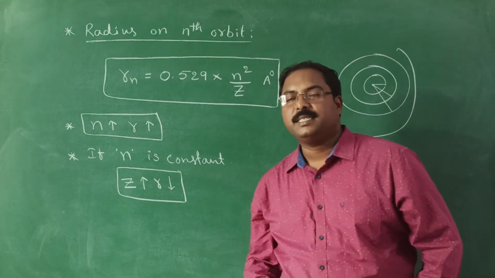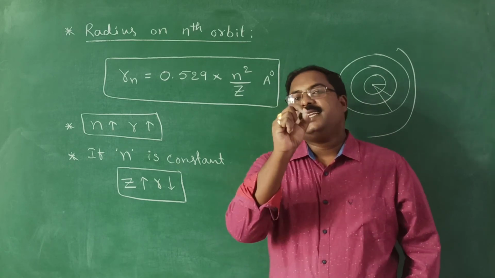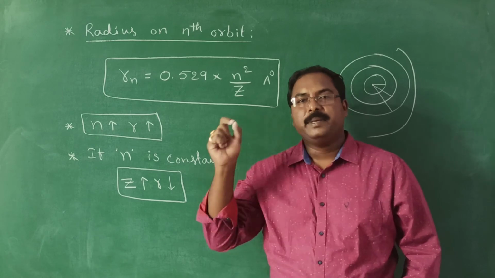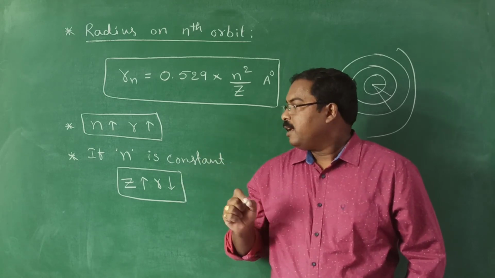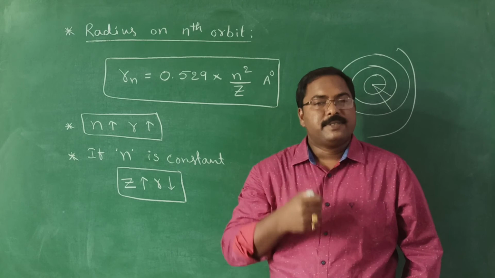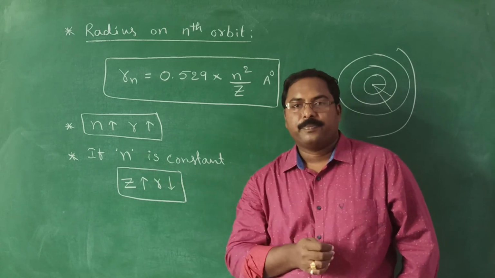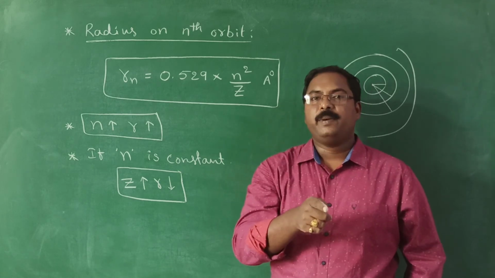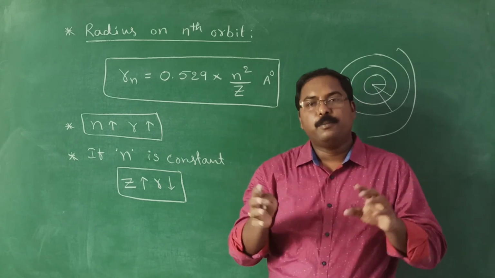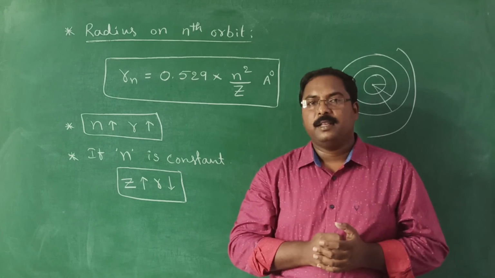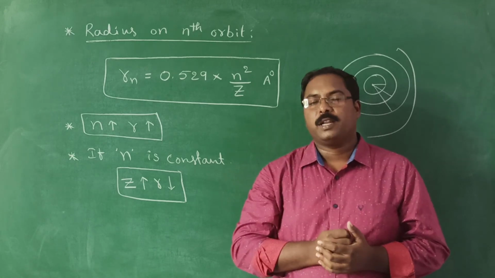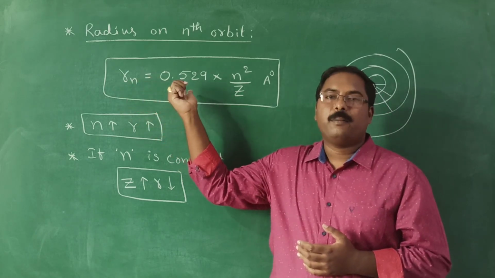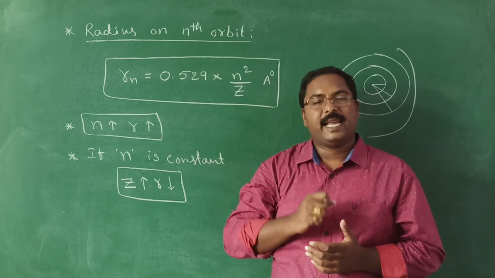Because sometimes they will ask theory questions. The radius of the second orbit of the hydrogen atom is this much. What about the radius of the second orbit of lithium? Both cases, hydrogen second orbit and lithium second orbit, you are going to compare. If they ask whose radius is more, generally we have to substitute in the formula to get the exact value.